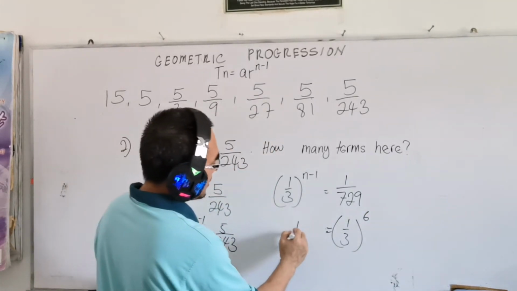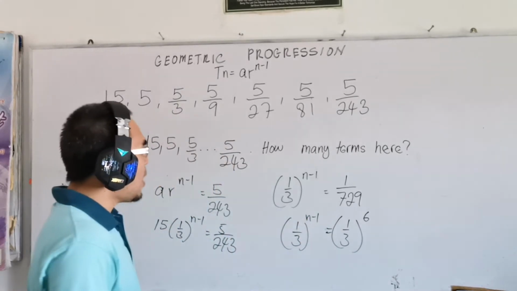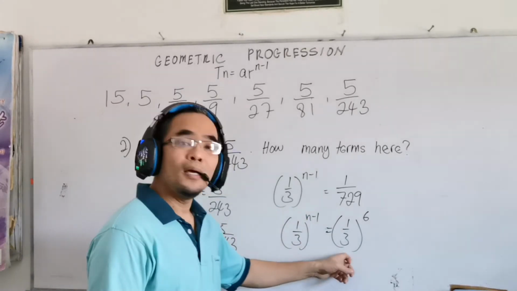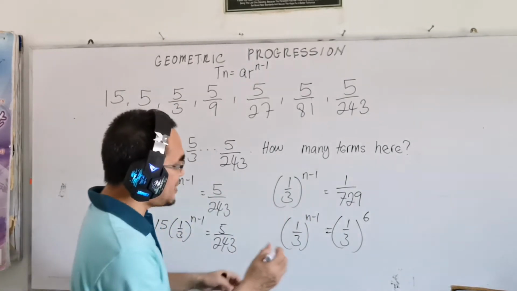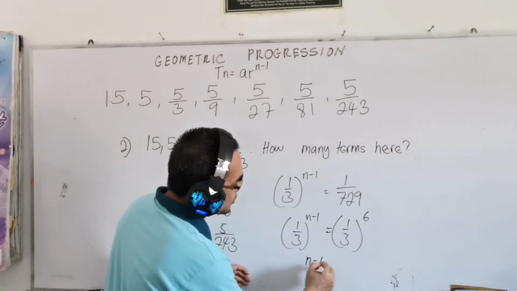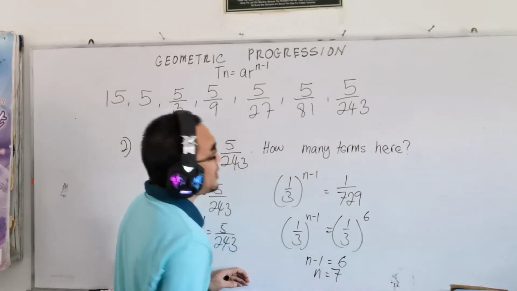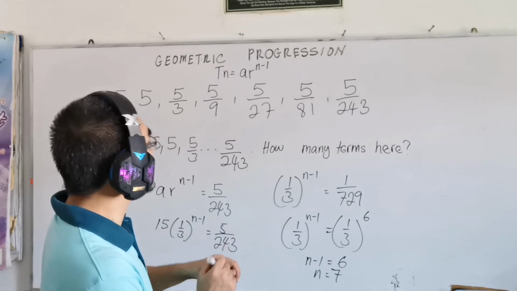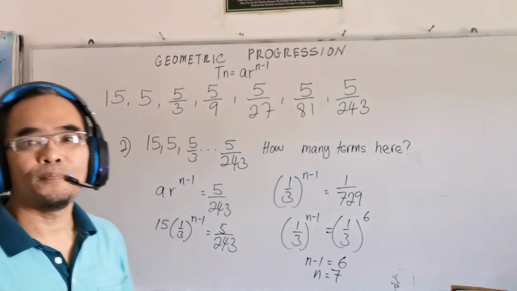So this is 1 over 3 to the power of n minus 1. Once the bases are equal, we just compare the indices. You say n minus 1 equals 6. So n will be 6 plus 1 equals 7. So there are 7 terms here. Okay, as you can see.